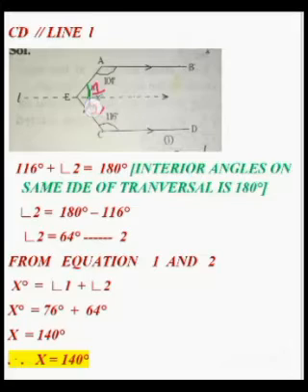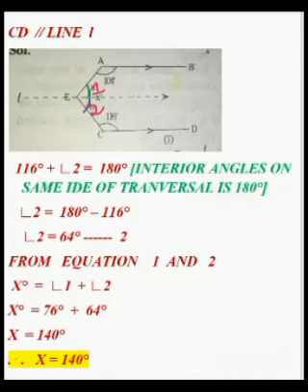So to find the measure of angle 2, let us consider line L; CD is parallel to line L. These two lines are parallel lines. So again the same process, children: angle 2 plus 116 degrees is equal to 180 degrees. Same reason: sum of interior angles on the same side of the transversal is 180 degrees.